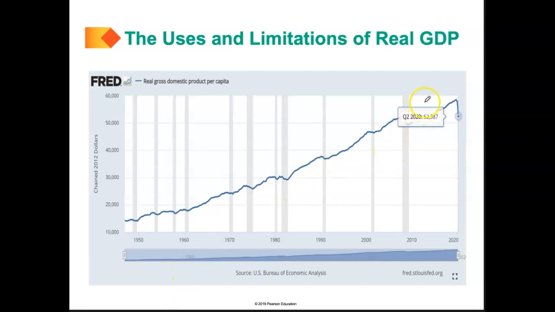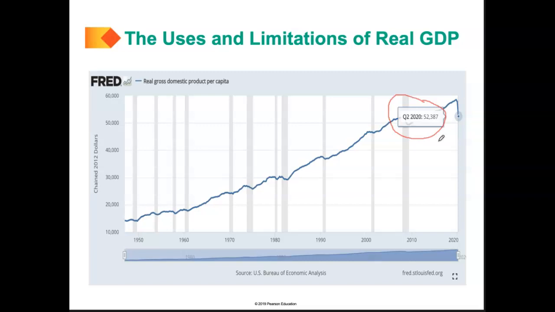And like I said already, we're in a recession, so you've seen GDP fall. It used to be higher than this. What this number tells us is that the average person in the United States earns $52,387 a year, computed annually. That's the average income for the average person in the United States.